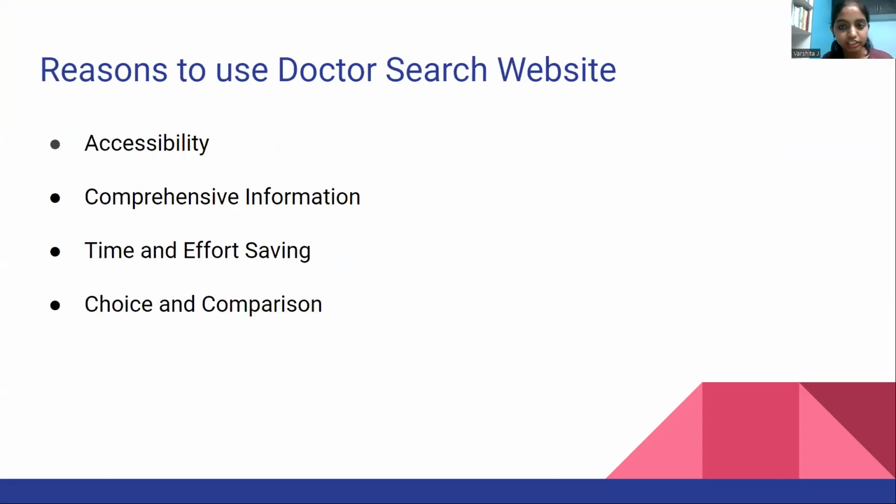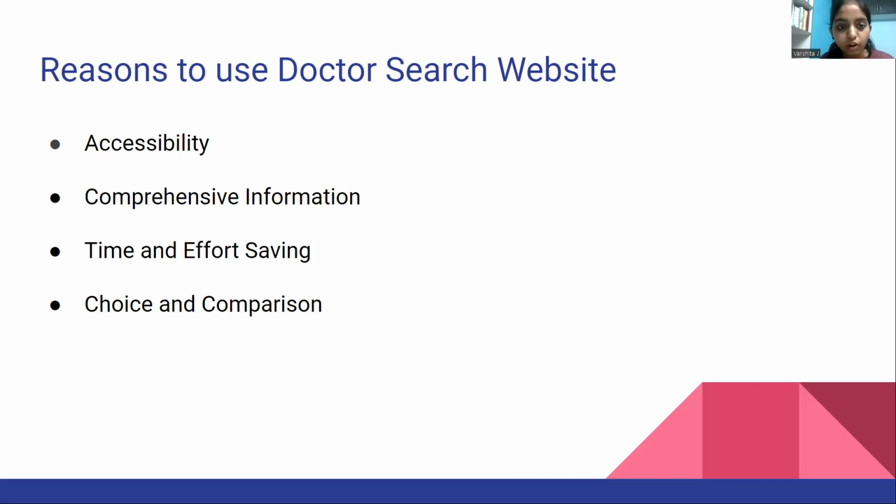Reasons to use a doctor search website. Firstly, accessibility. It provides the user convenience and accessibility. The user can access the website from anywhere and at any time. Comprehensive information: it provides comprehensive information about the doctors, like the experience of doctors. A doctor search website can be time and effort saving. It can save a considerable amount of time.